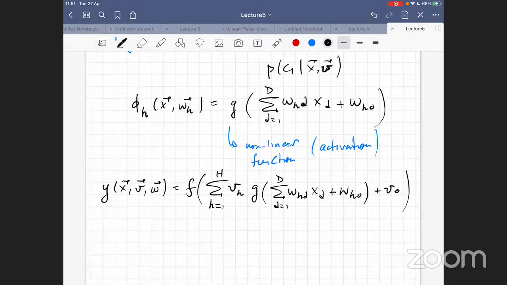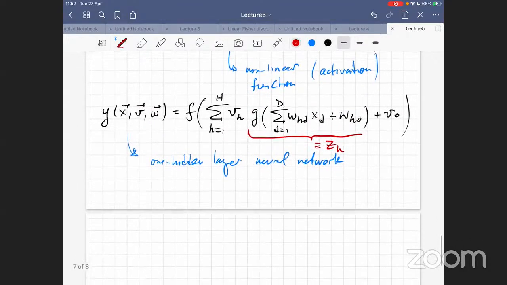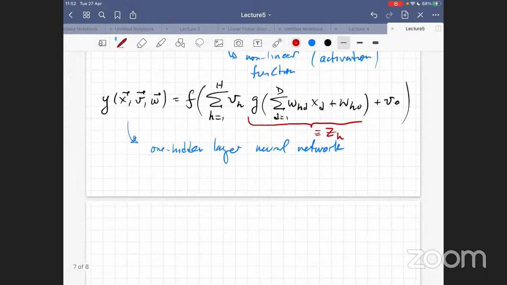And this is just a one hidden layer neural network. Let me call these guys here zh, and then I can represent this model in the following way.